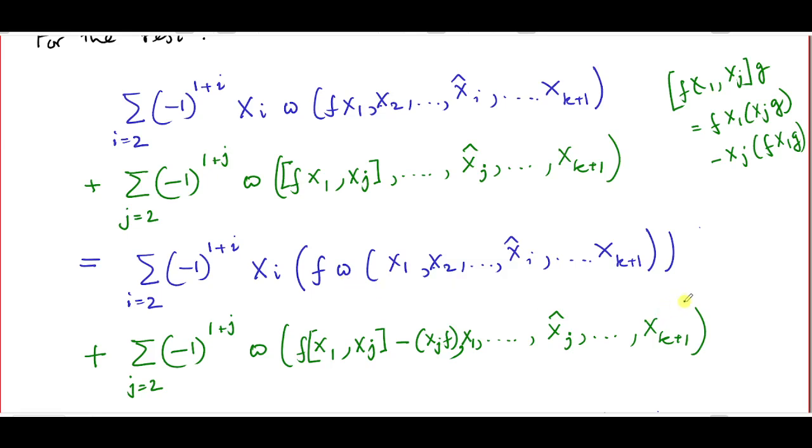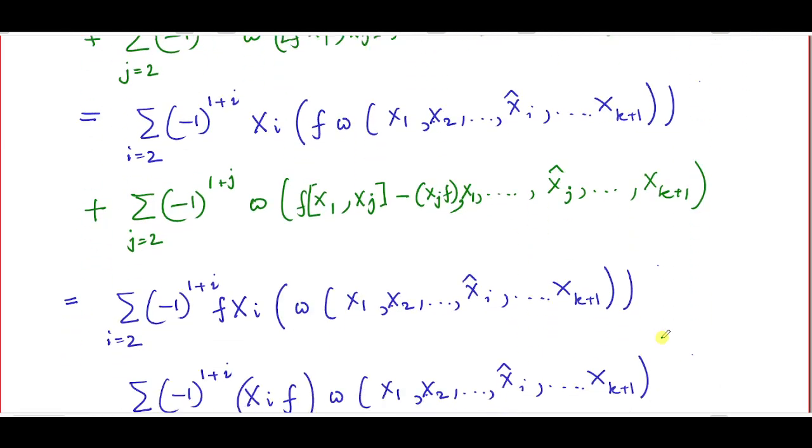Now this is what would have broken C-infinity linearity. That's one term where f is not being pulled out. However, look at the second sum. Here, this breaks up into two pieces, and the first one has an overall f coming out. The next one has xj f sitting here.